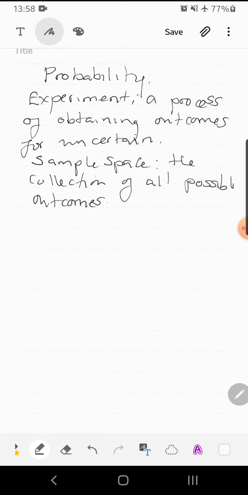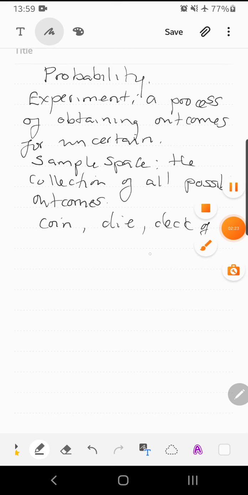Some of the things that we're going to use are, say, a coin, tossing a coin, casting a die, and drawing a card from a deck of cards. You need to know what a coin is. A coin has only two outcomes, that is a head and a tail.